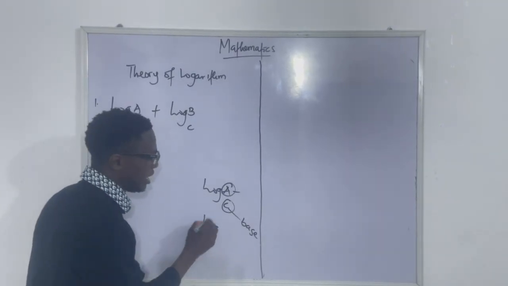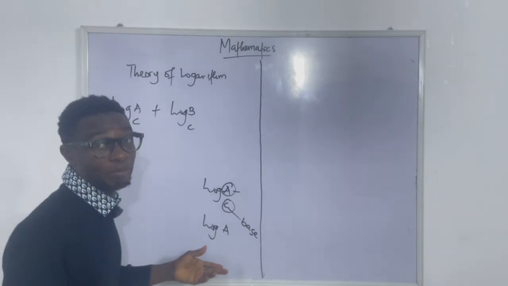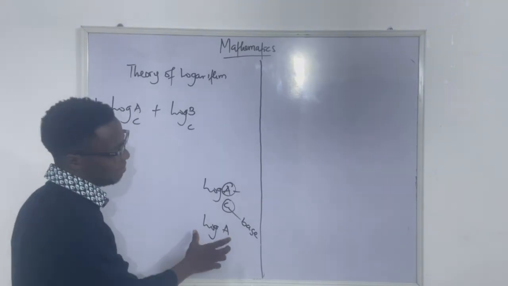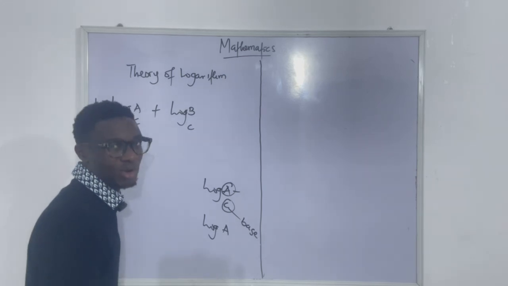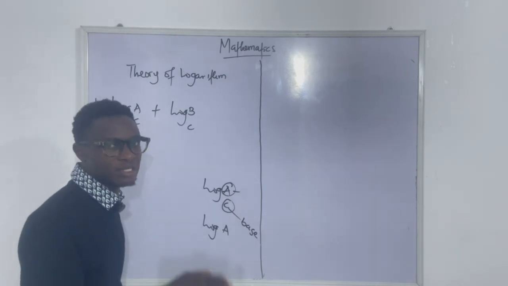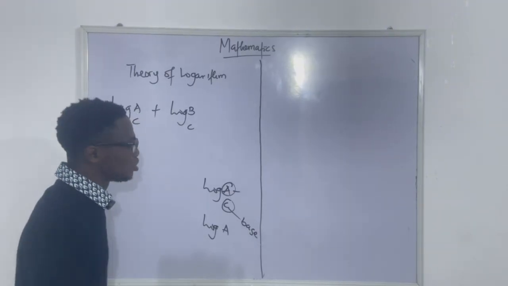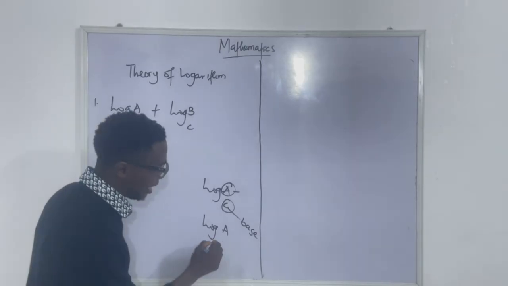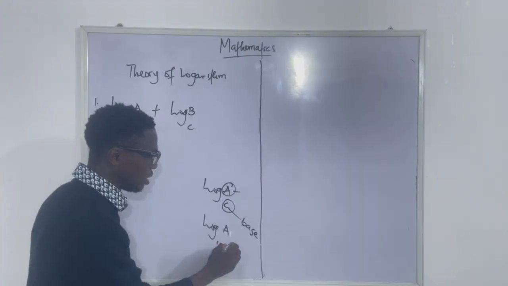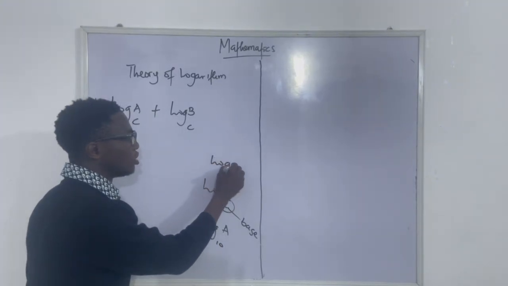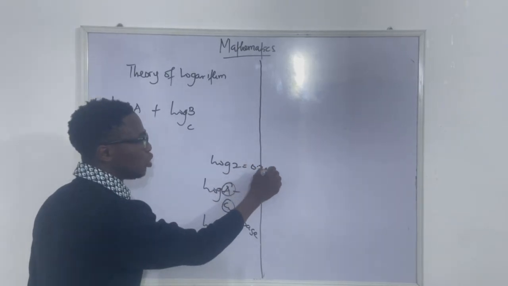So let's say I have log A and I didn't represent any base, meaning the base is 10, because it's a natural log. Naturally, counting numbers are in base 10. Which simply means that if you are given a question, log 2, the natural log of 2 is actually 0.3010.